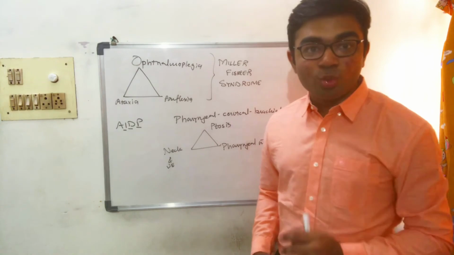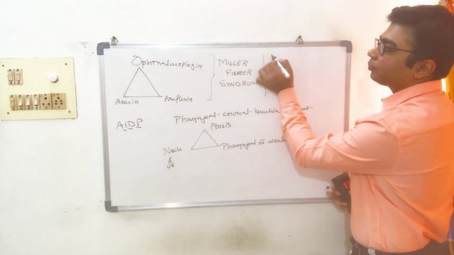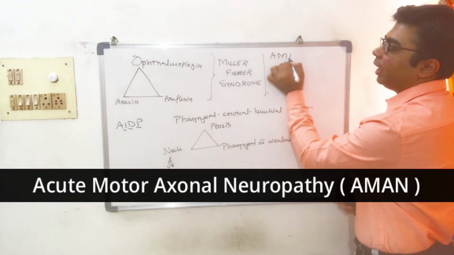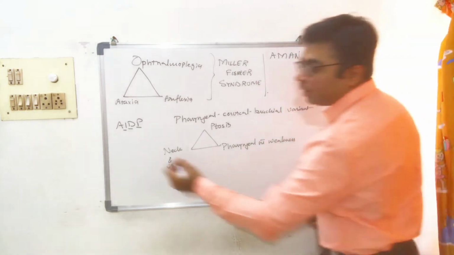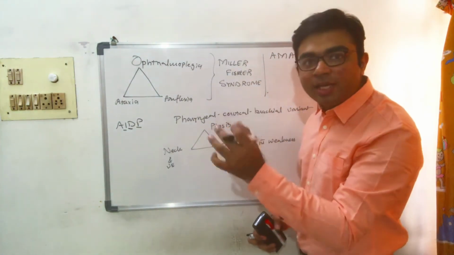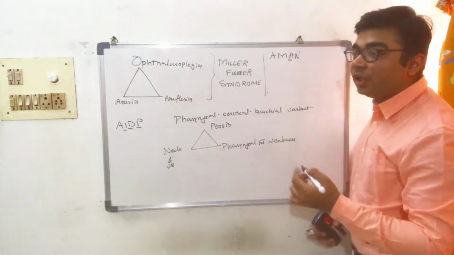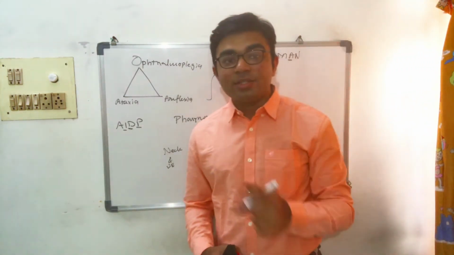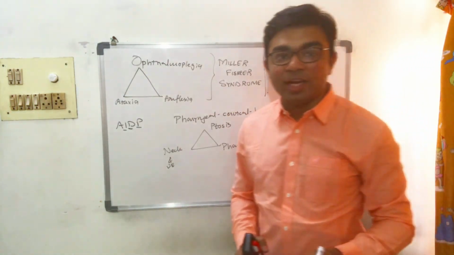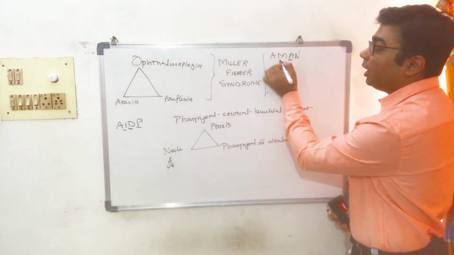Now another two different and interesting variants. Those are the acute motor axonal neuropathy. In the AIDP we were using the term demyelination, where the myelin sheath is only affected. Here we are using the term axonal. So here the antibodies which were against Campylobacter jejuni now affect the axons, and typically the motor axon.